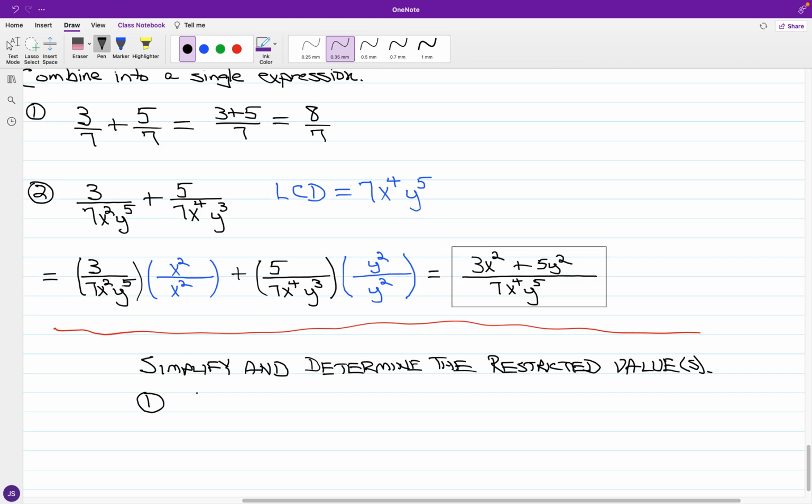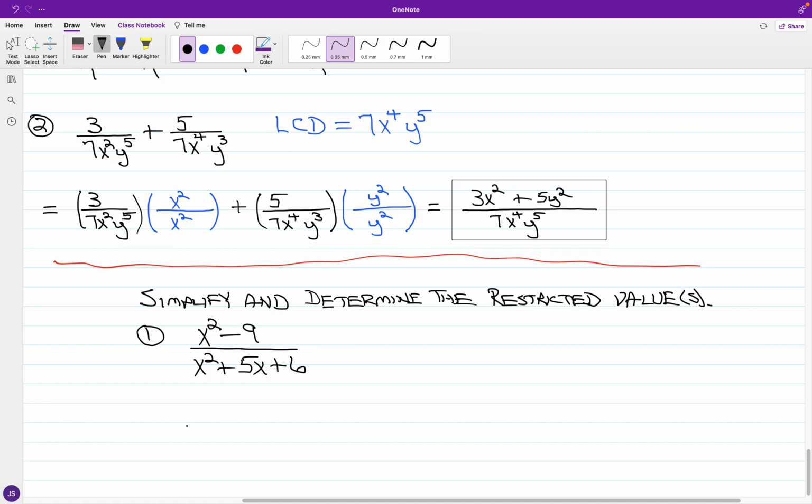Well, let's see what we get in the case of x squared minus 9 all over x squared plus 5x plus 6. And for what we have in the case of combining as a single term, or combine into a single term.